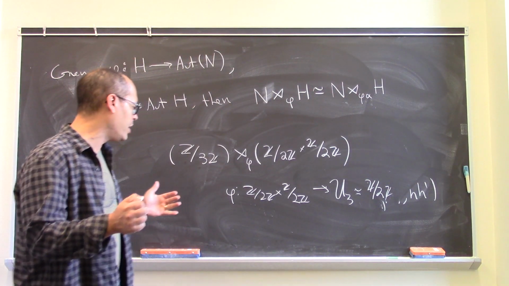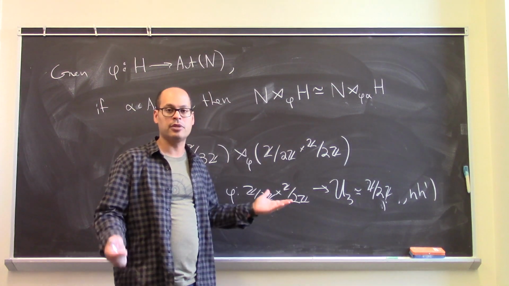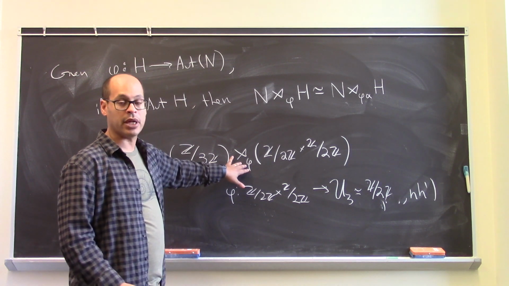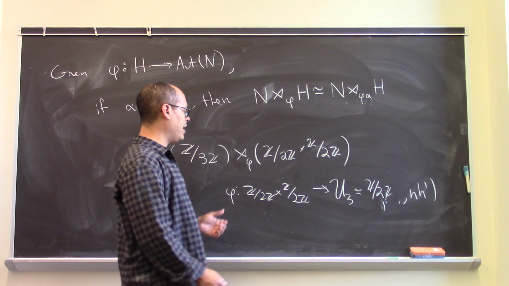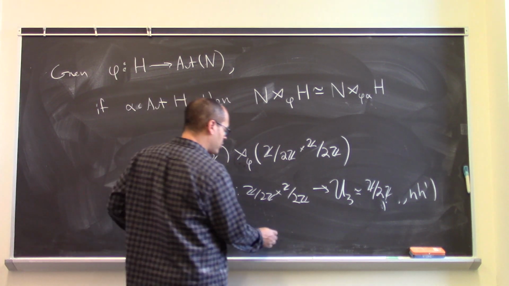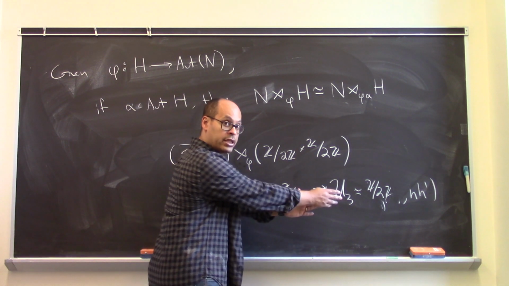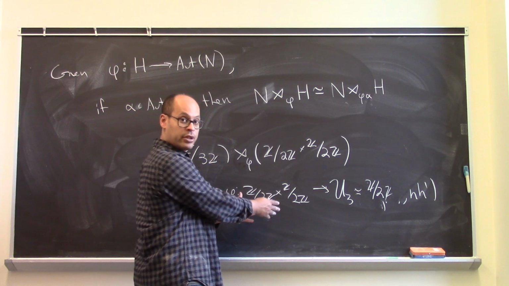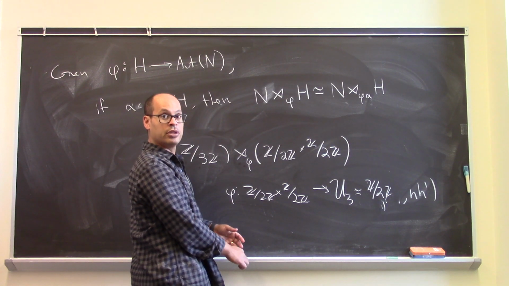It's possible on the one hand that this could be the trivial map sending everything to the identity. That's possibility number one. In that case, this semidirect product would actually just be a product. On the other hand, I could have a non-trivial map, which will have to be surjective. Therefore, it will have to have a non-trivial kernel. This is a group of order 4. The kernel will be a group of order 2.